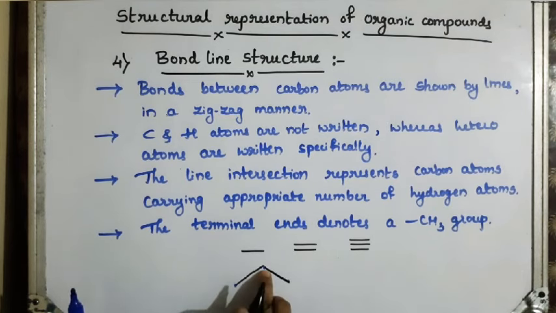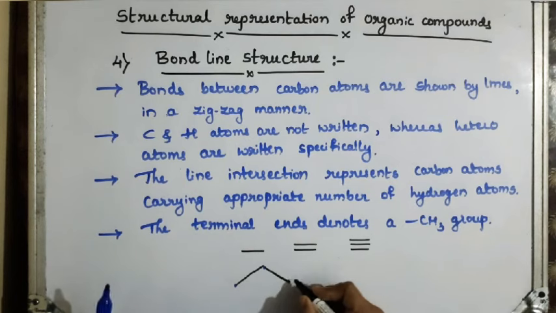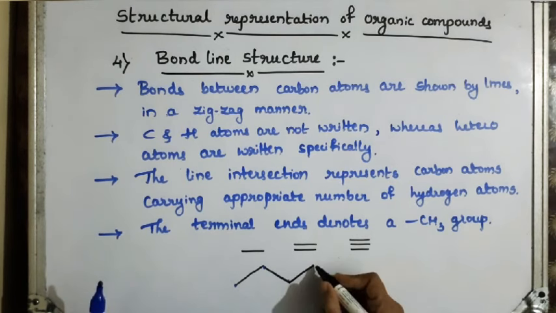This is the first carbon, second carbon and third carbon. Like this I can draw the bonding between those carbon atoms. This is the zigzag manner. If you have another carbon atom, then the bond will extend like this. Next carbon, next carbon.